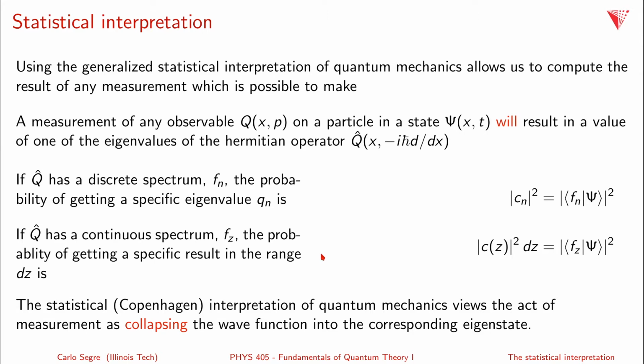So the traditional interpretation that we use, that's called the statistical or Copenhagen interpretation, views that the act of making a measurement collapses the wave function into the corresponding eigenstate which is measured. So if I measure eigenstate f sub n, then that's the state in which the system remains after the measurement.